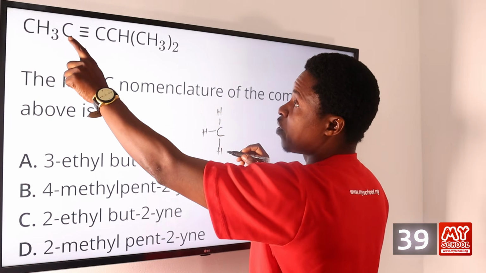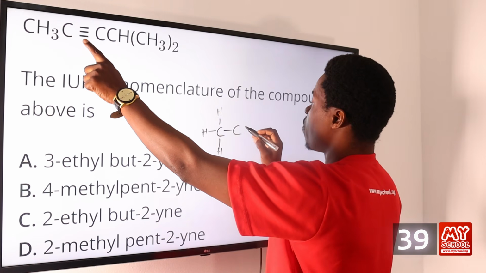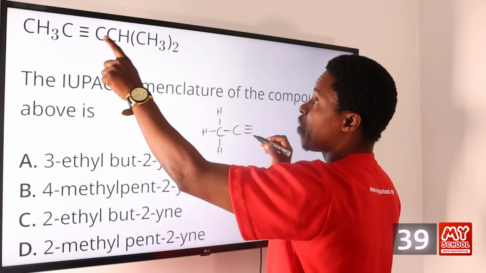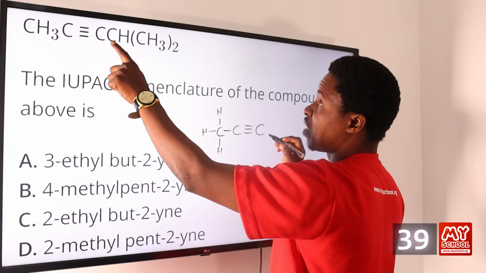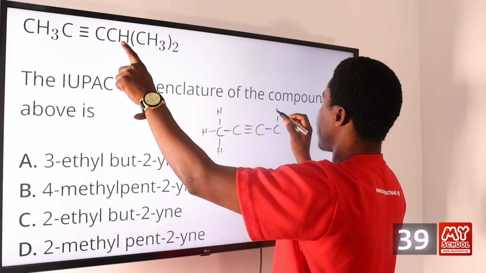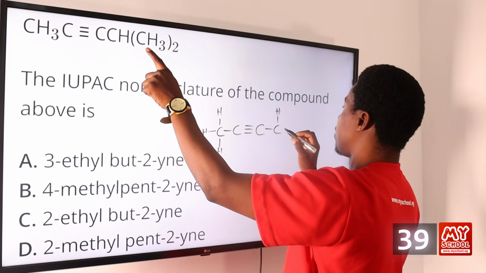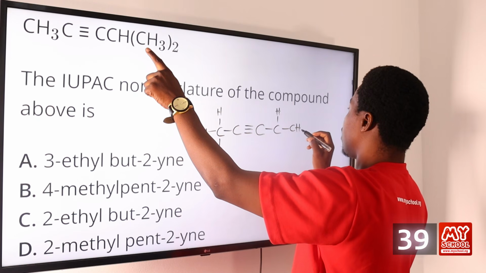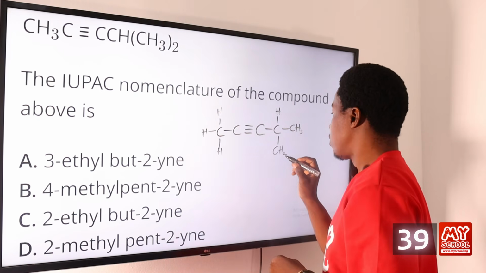This carbon atom is bonded to this carbon atom, then we have a triple bond, then another carbon atom. This carbon atom is bonded to this carbon atom with 1 hydrogen, then we have 2 CH3 bonded, one CH3 here and the other CH3 here. So that's the compound that we have.